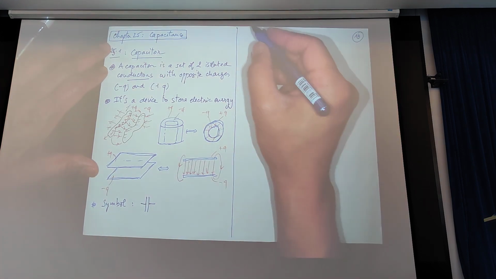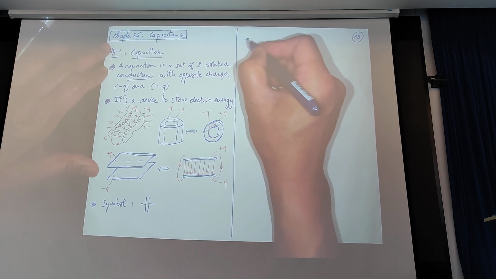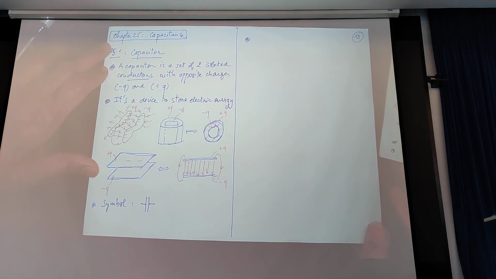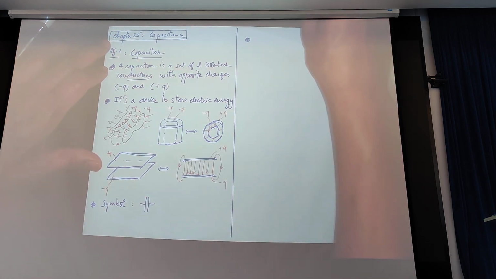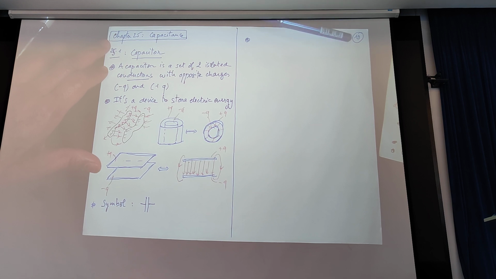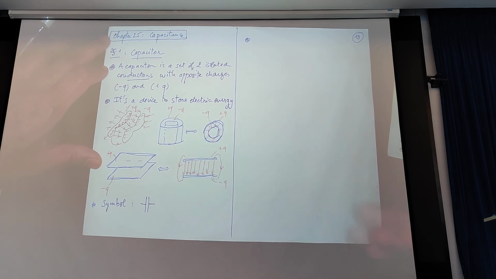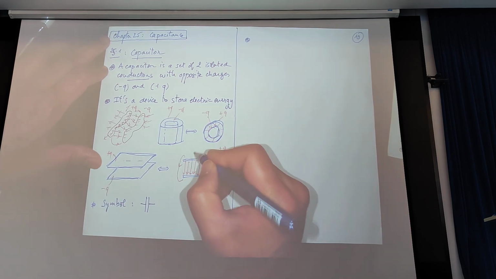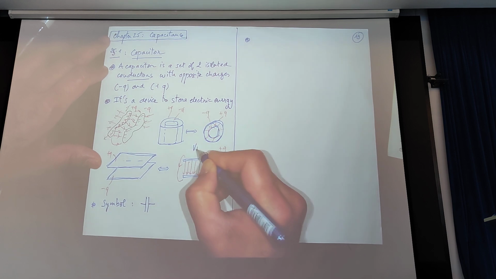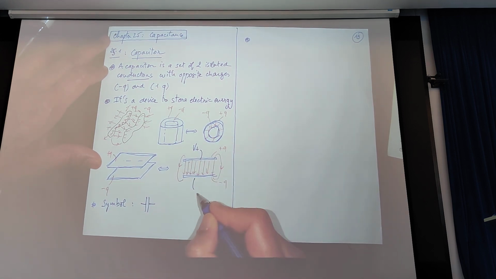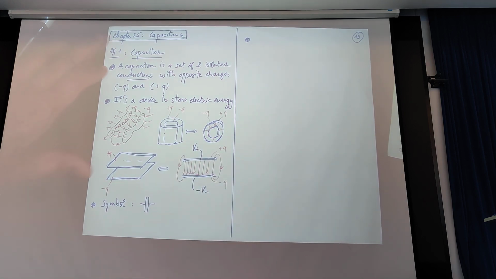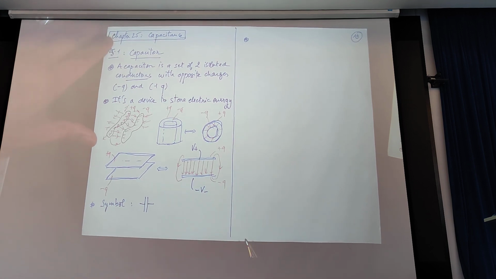Okay, so let's see some properties of this. Because the two elements of a capacitor are conductors, that means that all the points of one plate have the same potential. And the other one, of course, is V1.